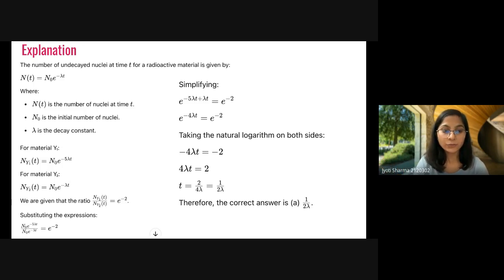Then cancel out n naught, and this is how you get the t value. This alpha will not be cancelled, because it will be given in the answer only. So t is equal to 1 by 2 alpha.